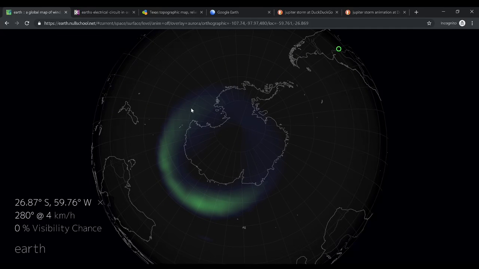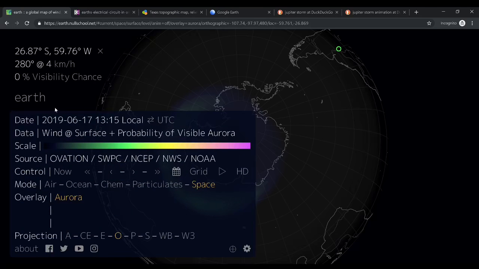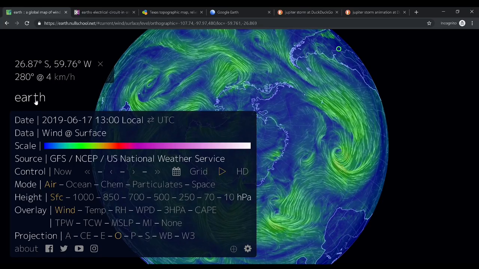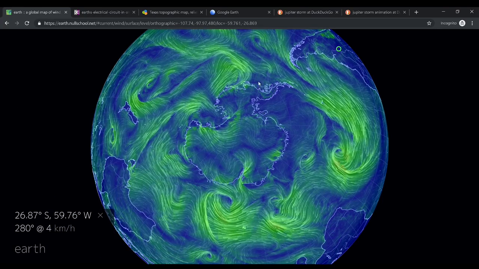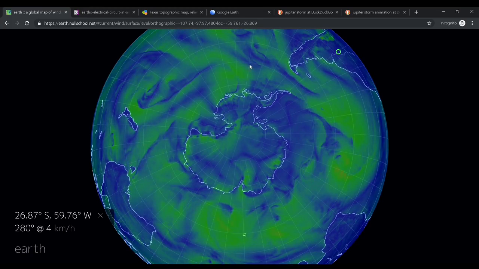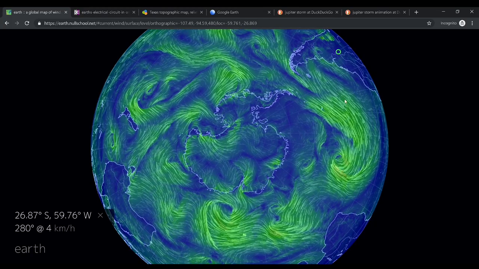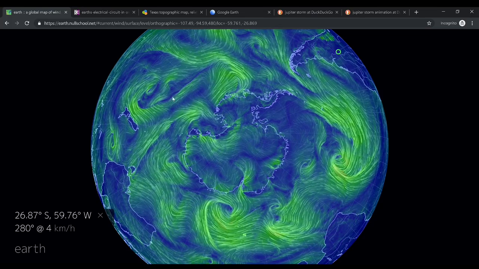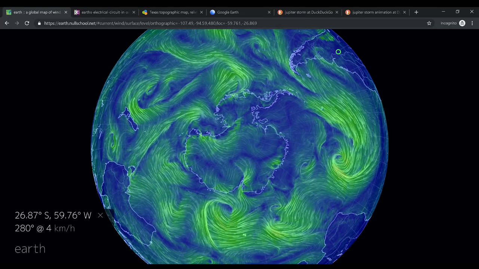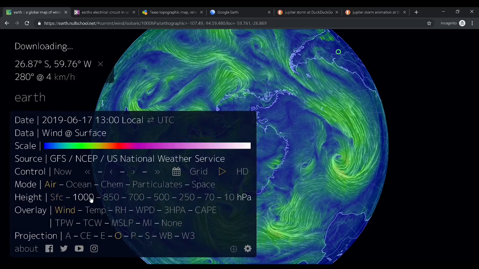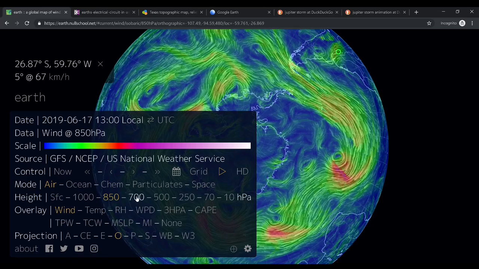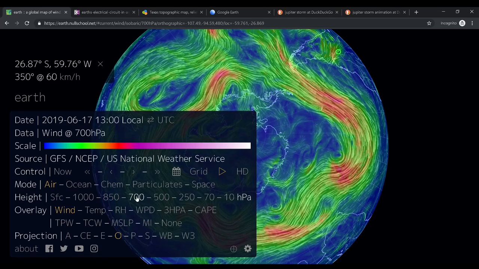So if we go back here, okay, this is the surface winds. Right? And you can see how the pattern is moving around like this. And the winds are connecting to the earth and to the ocean below. Okay? So let's go to 1,000, 850, and you'll see them start to spread out more because you're going higher in elevation.